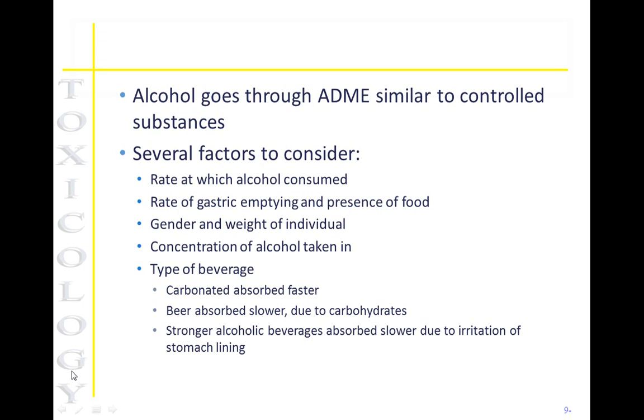The specific type of beverage will also affect the absorption, where carbonated beverages are going to absorb faster. Beer will absorb slower due to the presence of carbohydrates, and very strong alcoholic beverages are going to be absorbed slower due to the irritation to the stomach lining.